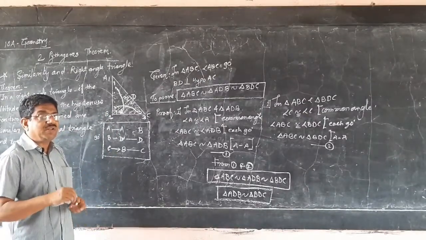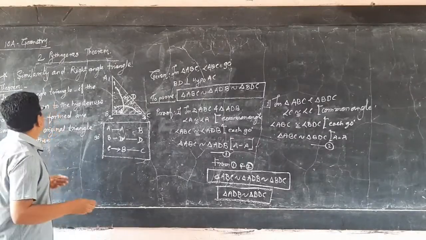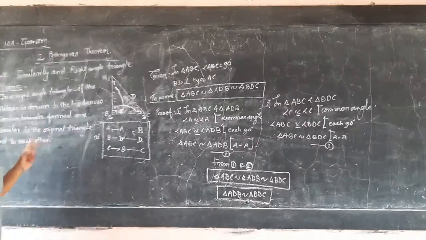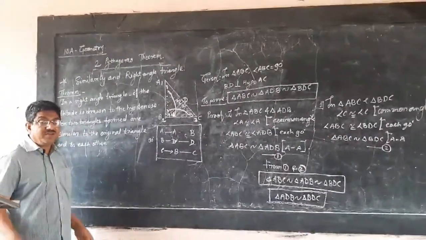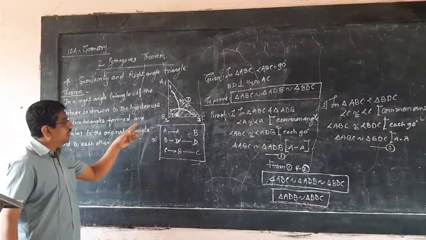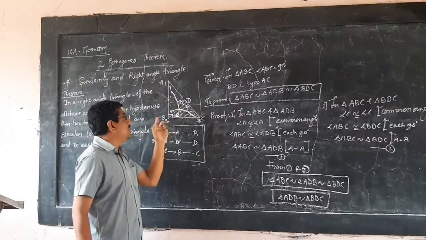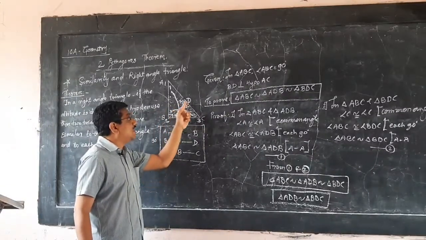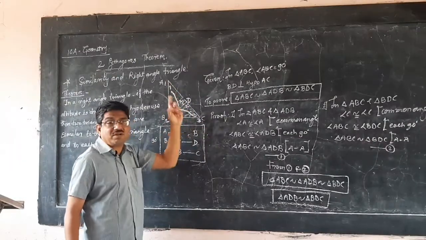Now, the second property, the second theorem, is called the geometric mean corollary. What is the geometric mean corollary? When you draw the perpendicular to the hypotenuse in a right angle triangle, it means BD is perpendicular to the hypotenuse AC.